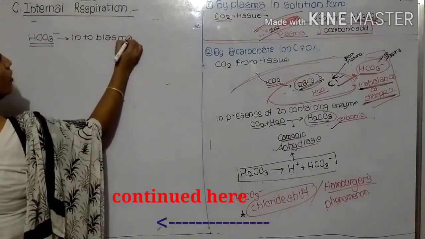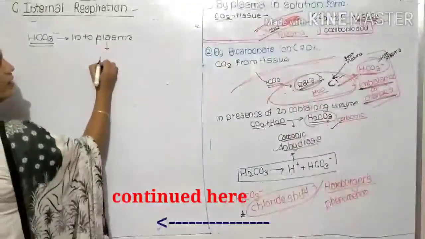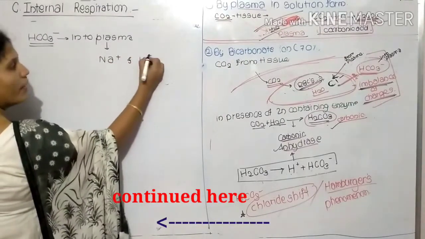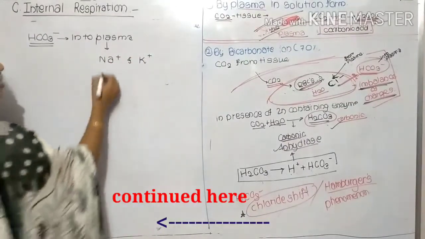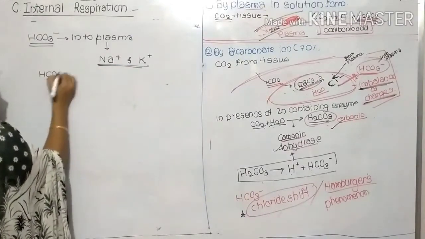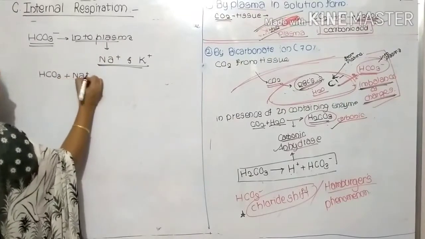Whenever it enters into the plasma, at that time inside the plasma there is presence of sodium as well as potassium. So this HCO3 minus inside the plasma combines with this Na plus.